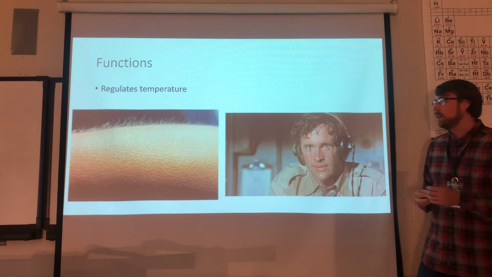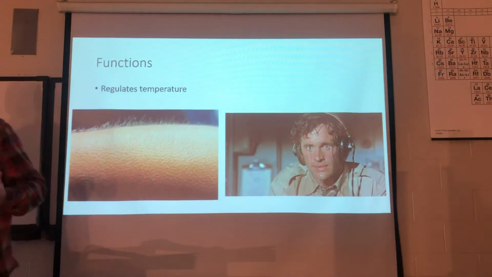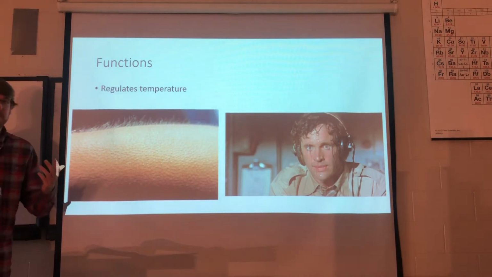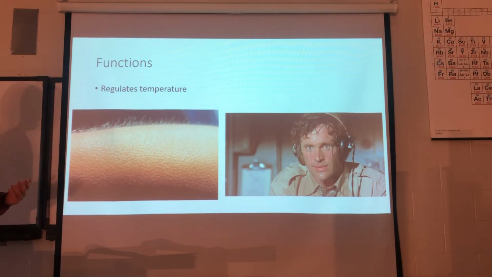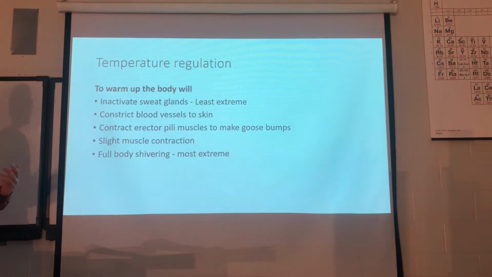Our skin also has a variety of ways that it regulates temperature, or sometimes just attempts to regulate temperature. So we're going to go through the sequence of how your body tries to deal with temperature change.